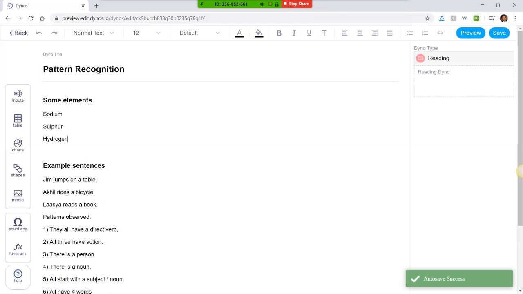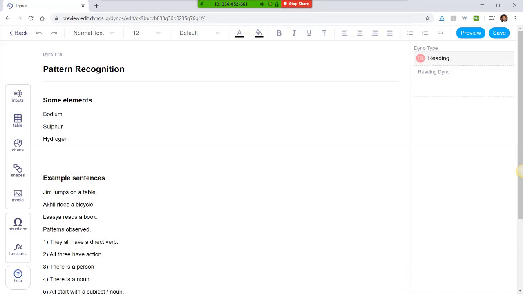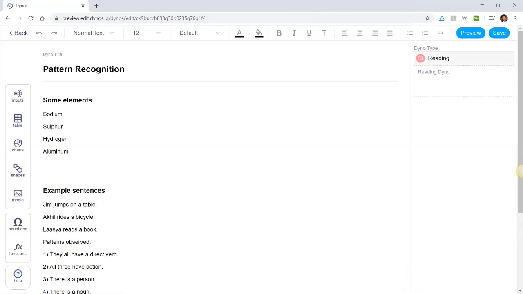Hydrogen. Helium. Oxygen is not an element. Molecule. Lithium. You're testing my chemistry now. So let's see. Sodium. How about aluminum? Yeah, sure. Aluminum. How about iron? Iron is a metal, right? How about you said oxygen, right?